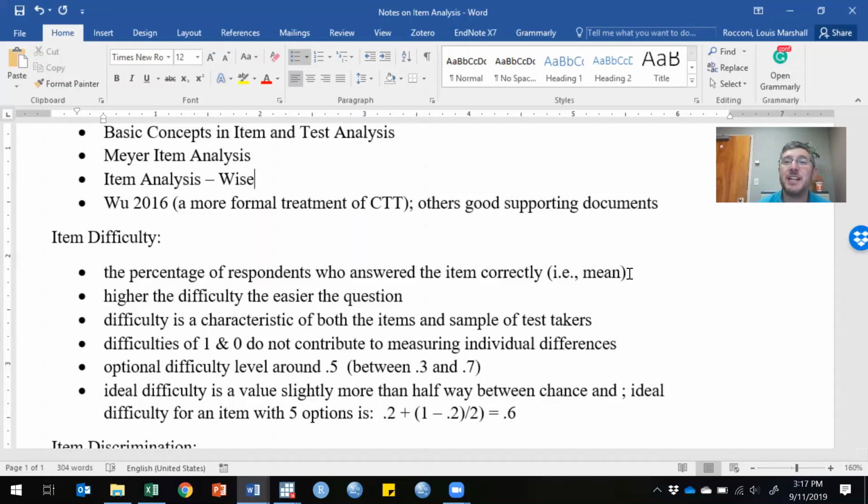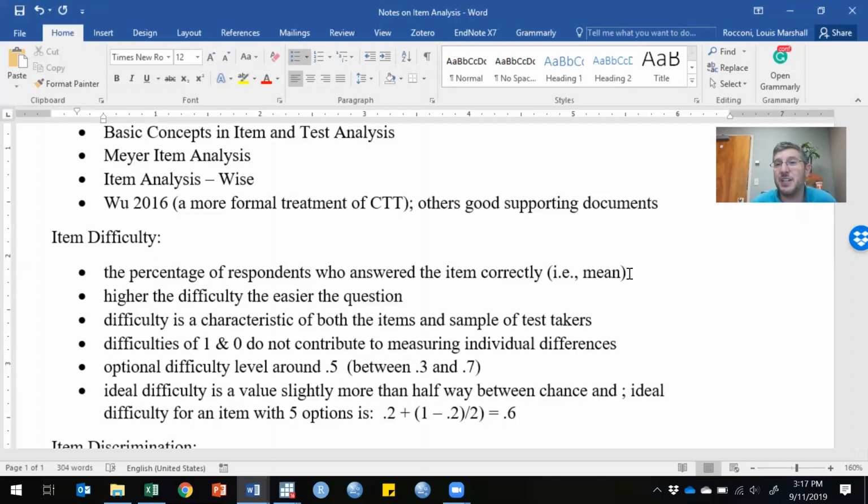They're sample dependent. So the difficulty for the item isn't really generalizable across different test takers. In theory, if we could keep sampling from the population of test takers, computing the item difficulty over and over again, then that expected value should equal the population item difficulty.